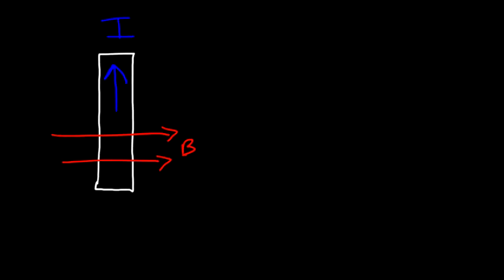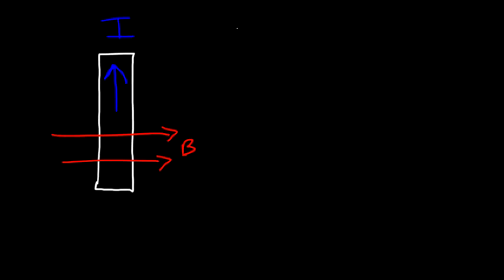However, if the electric charge is moving, then the magnetic field will exert a force, specifically a magnetic force. So whenever you have a wire with an electric current, that means you have moving charges in the wire. The magnetic field will exert a force on the wire.